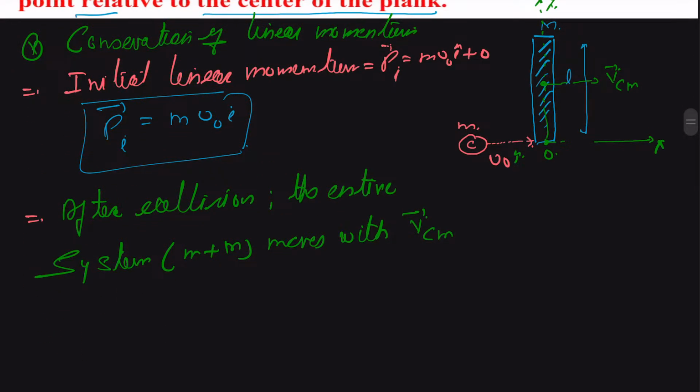Therefore, we can say the final momentum, that is Pf, will be equal to m plus capital M multiplied by VCM.